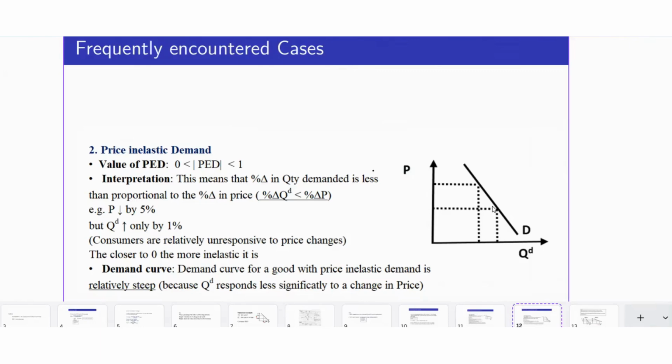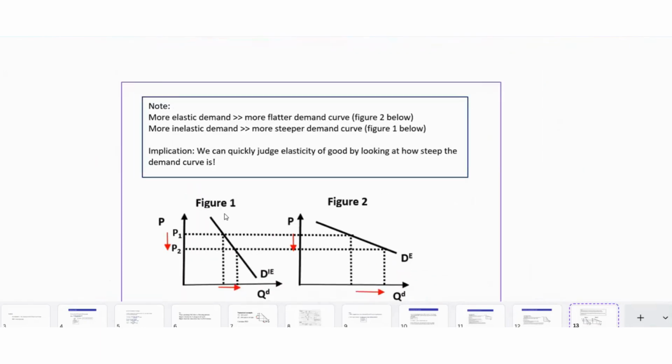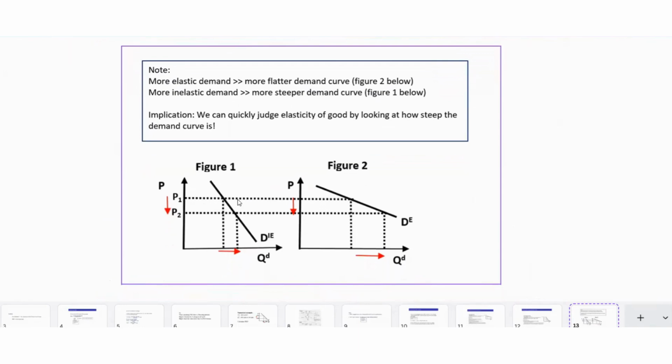It responds less significantly to changes in price. So it's important to know the more elastic the demand is, the flatter the demand curve is, as in figure 2. The more inelastic the demand is, the steeper the demand curve is. Because when price falls with inelastic demand, the quantity demanded does not increase much, and that produces a steeper demand curve.